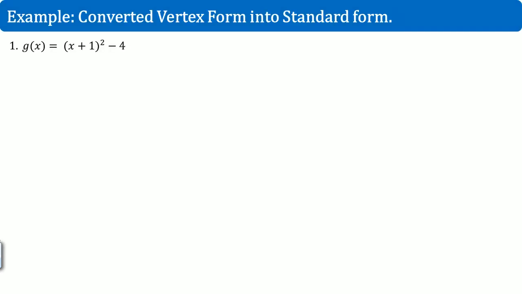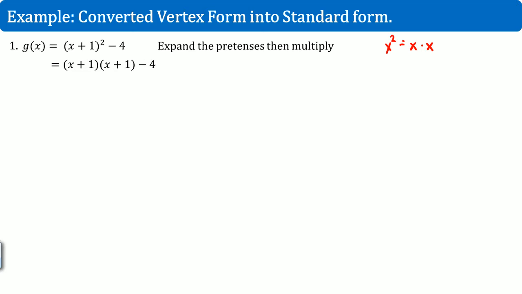This is going to be our first example. The process is to expand the parentheses out, then multiply. Please remember that x squared is the same thing as x times x. So here, (x plus 1) squared becomes (x plus 1) times (x plus 1). Then you can FOIL or distribute: x times x, x times 1, then 1 times x, and 1 times 1.